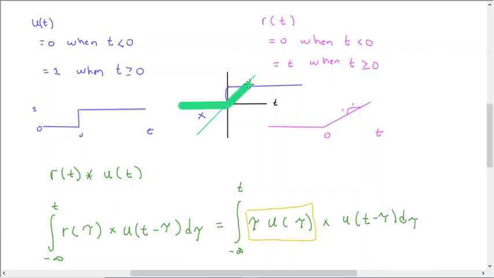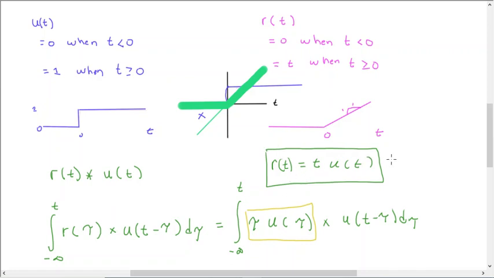And so we get the t. How do we write that out? r(t) equals t u(t). So this is just one of those things, back and forth that we have to remember, right?